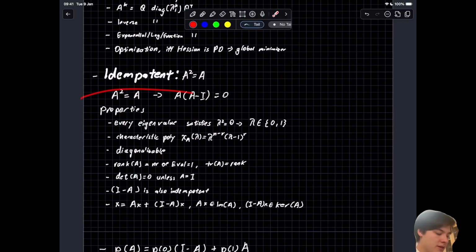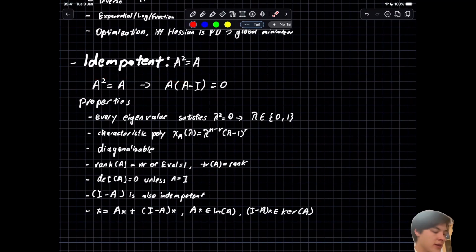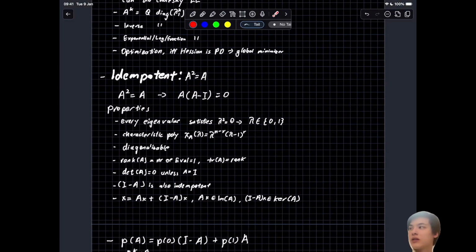There's the idempotent matrix, so if we square it or take the power of it, it equals itself. So what does this mean? Basically this is the same thing. For every eigenvalue, it satisfies that lambda squared equals lambda itself.